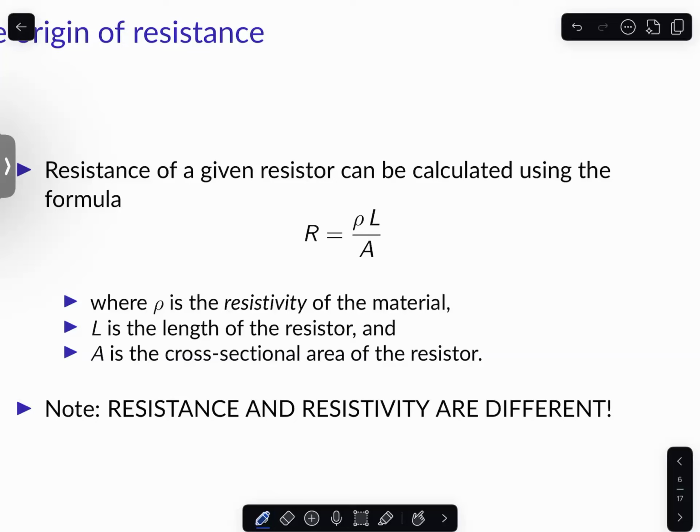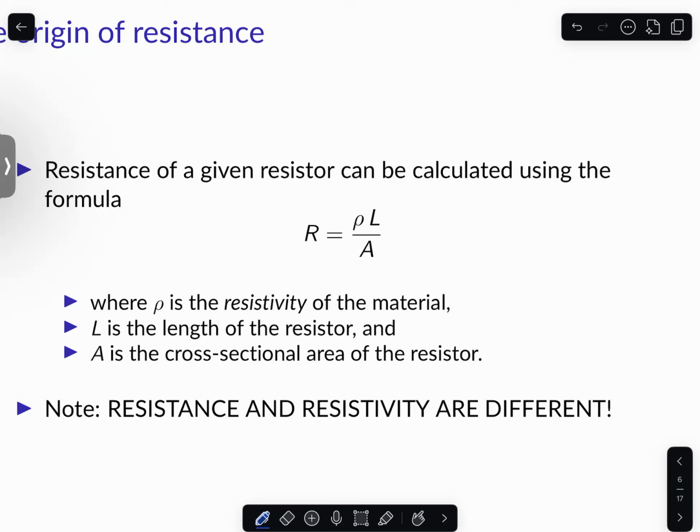L and A. As I said before, every resistor I've ever seen, and I've seen a bunch of resistors, is a cylinder. Google question D: do you remember the formula for the cross-sectional area of a cylinder?